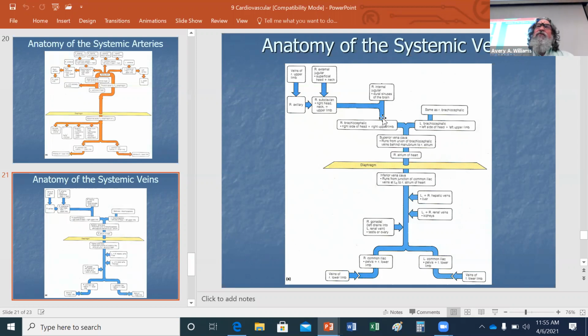The right ovarian vein drains into, or it joins, what? What does it drain into? Well, the right one. The right one.